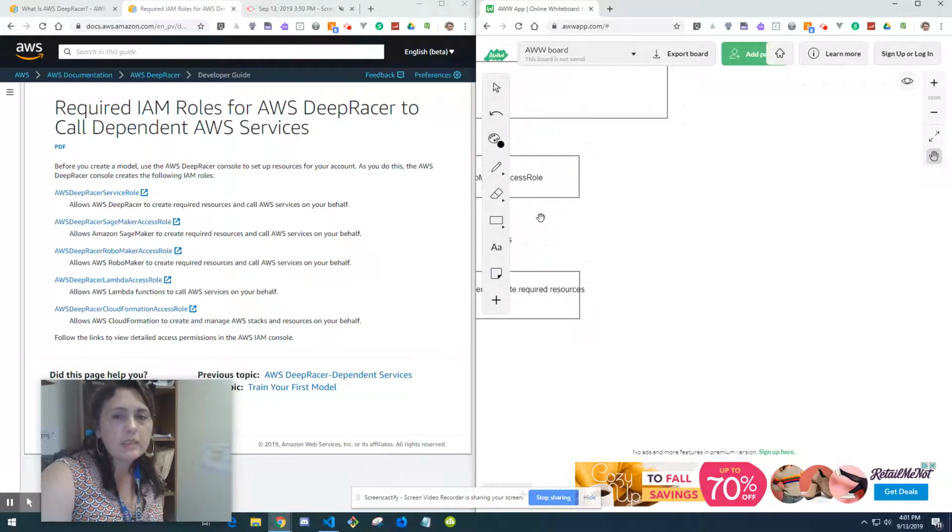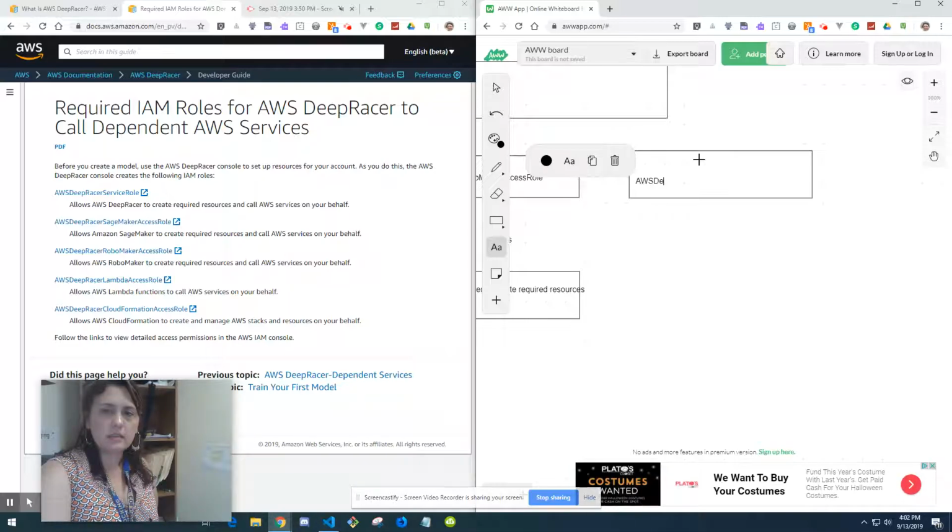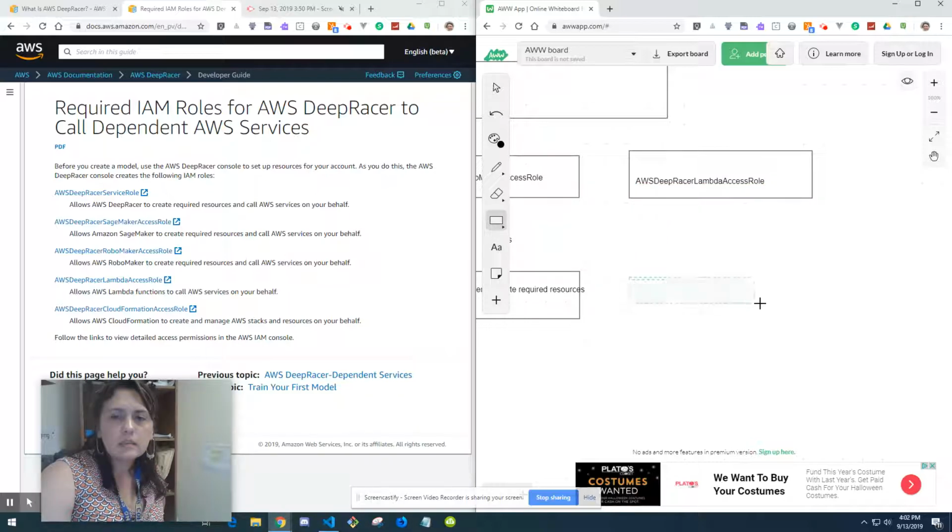Let's see, we have the Lambda access role, AWS DeepRacer Lambda access role. And what that does is it allows Lambda functions to call.